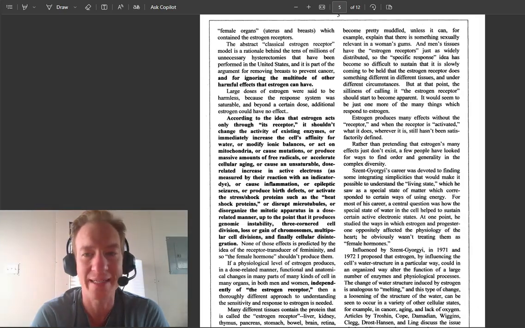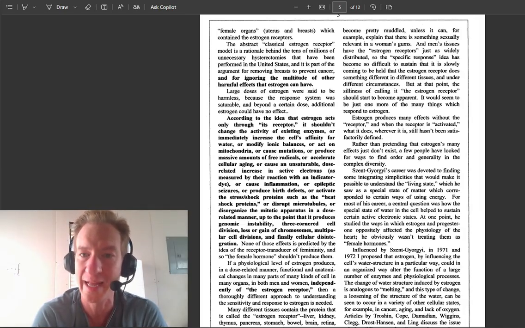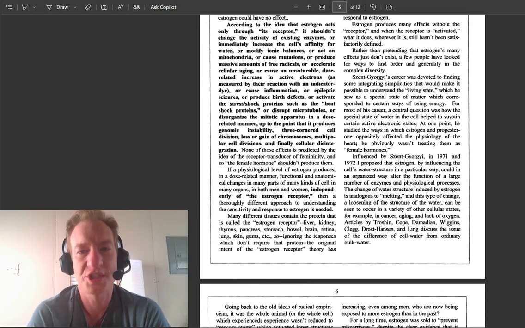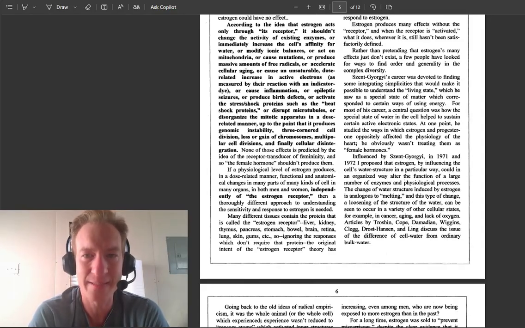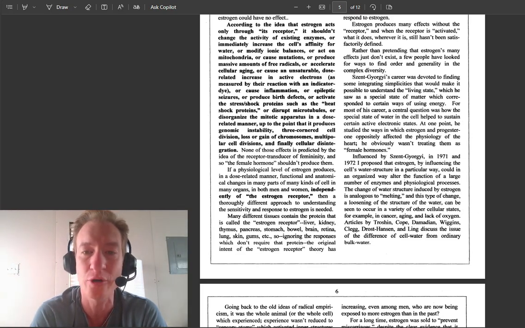Rather than pretending that estrogen's many effects just don't exist, a few people have looked for ways to find order and generality in the complex diversity. Szent-Györgyi's career was devoted to finding some integrating simplicities that would make it possible to understand the quote-unquote living state, which he saw as a special state of matter which corresponded to certain ways of using energy.